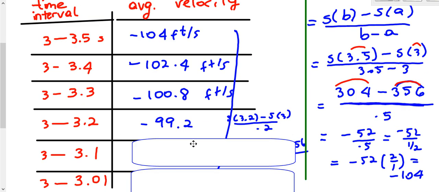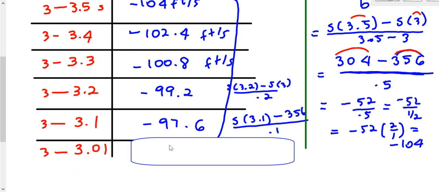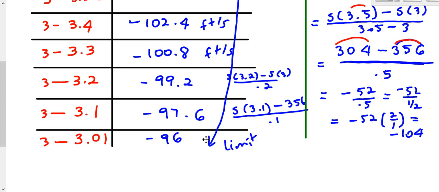The following one, again, if you did S of 3.2 minus S of 3 all over the difference in the time, which is 0.2, you should get this. And the next one is negative 97.6, and the last one I got was negative 96. And even there, it shouldn't be exactly negative 96, but the calculator is rounding it to negative 96.